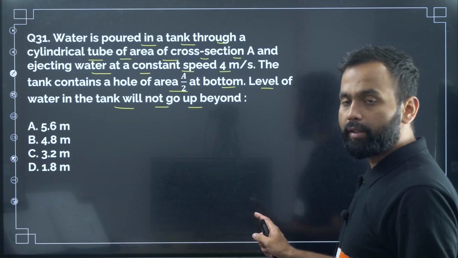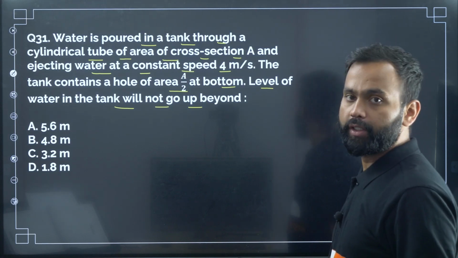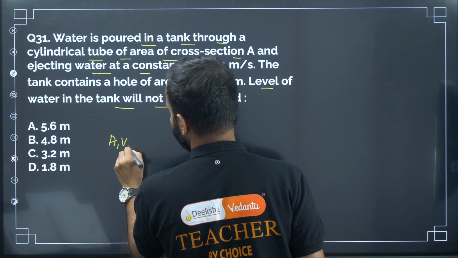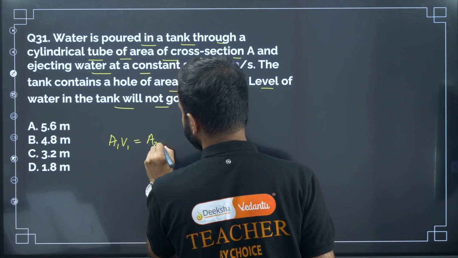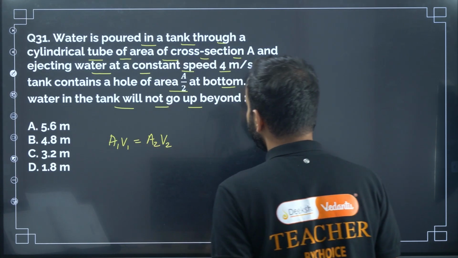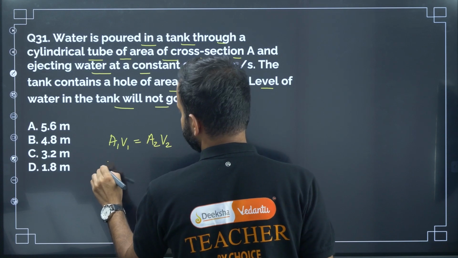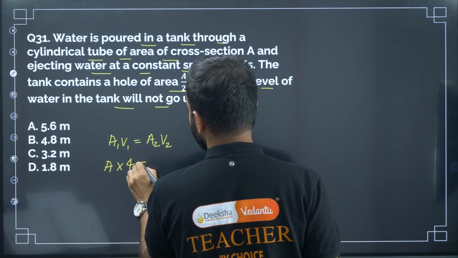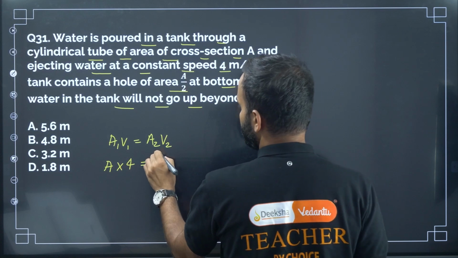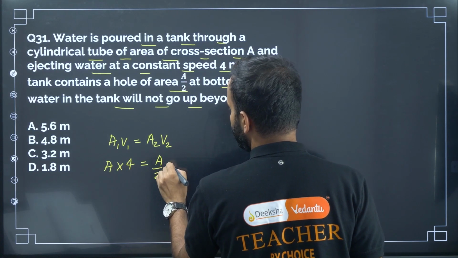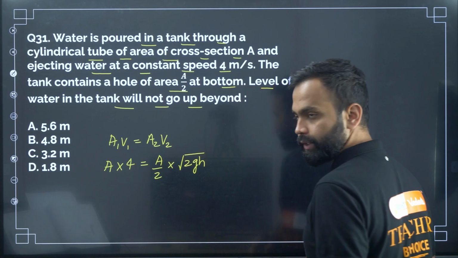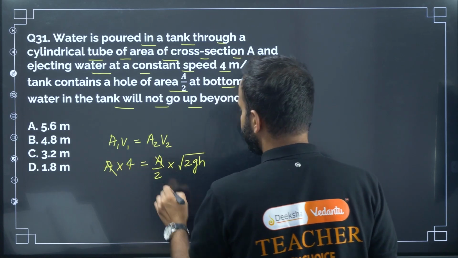Here, apply the equation of continuity: A1 V1 is equal to A2 V2. A1 is A, V1 is 4 meter per second, A2 is A by 2, and V2 is root of 2gh. Here A will get cancelled.